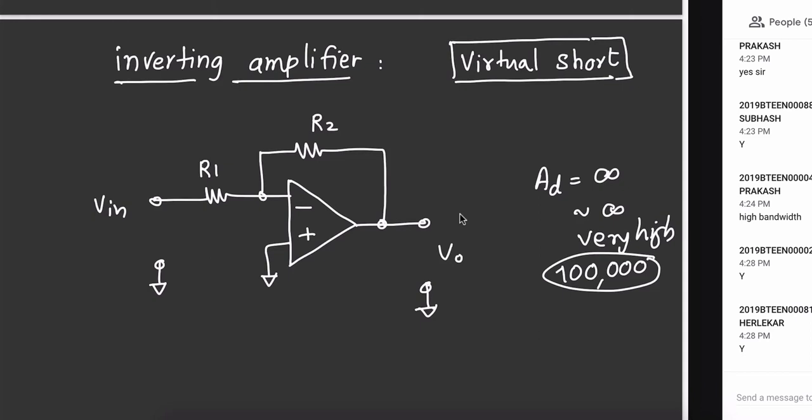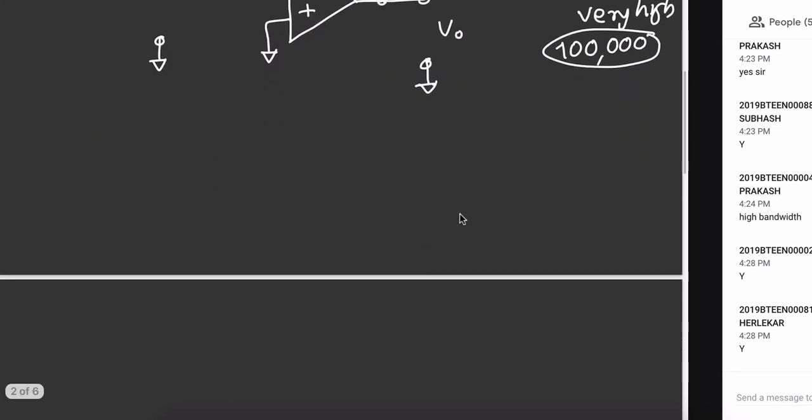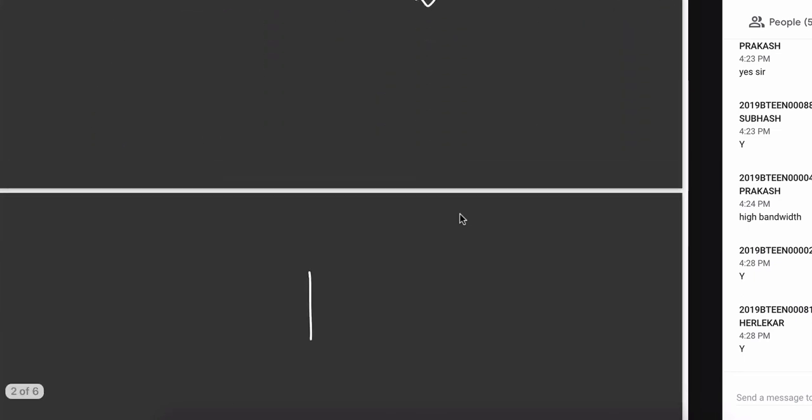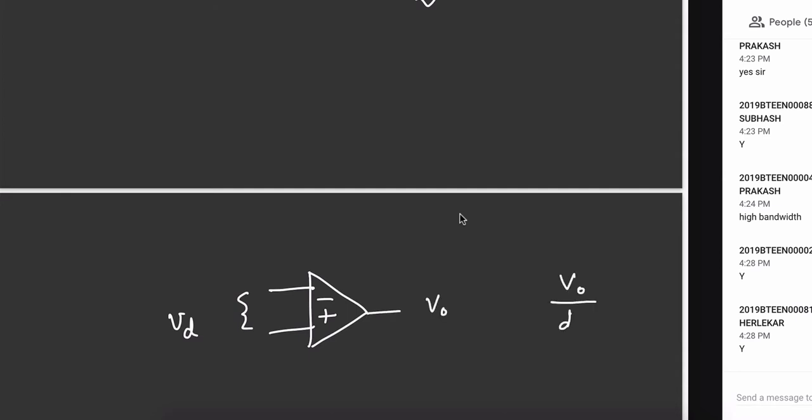Now the gain can be written in the form of a ratio. Suppose I take a bare op amp, only op amp. It has two inputs, that is the difference VD, and output VO. So VO by VD is the AD, the differential gain. Output voltage divided by differential input is the differential gain.